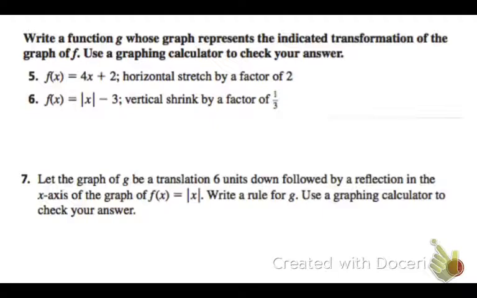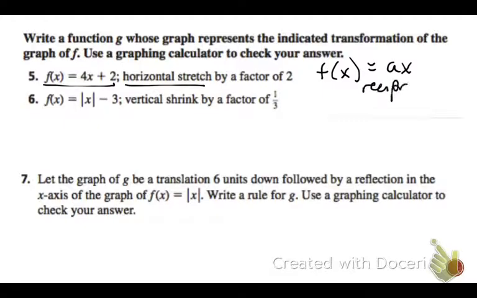Now let's look at numbers 5 and 6. We're going to write a function g whose graph represents just the indicated transformation. So of this linear function, we want a horizontal stretch by a factor of 2. So remember, that means that our a value is going to go right in by our input, and we're going to use the reciprocal.